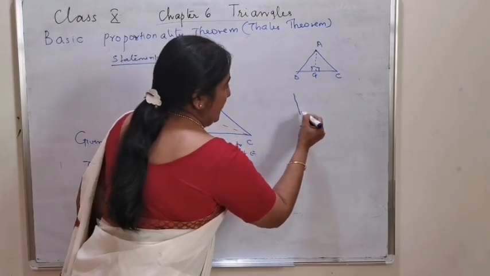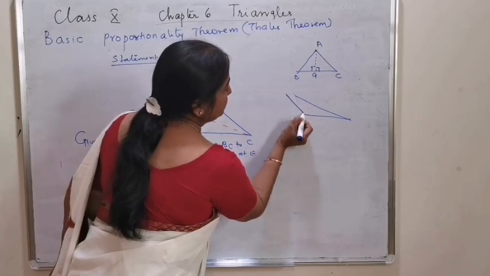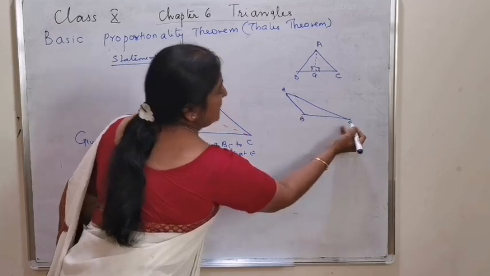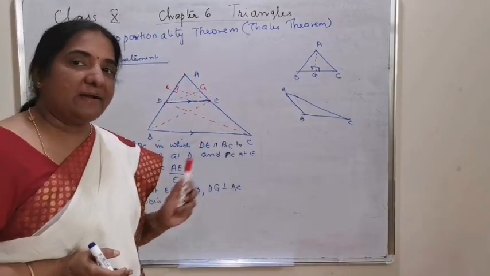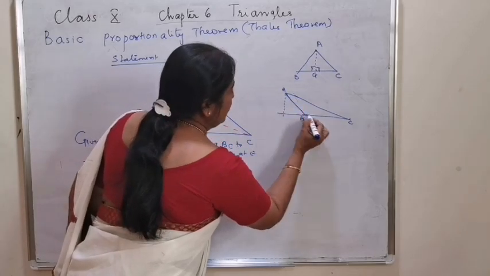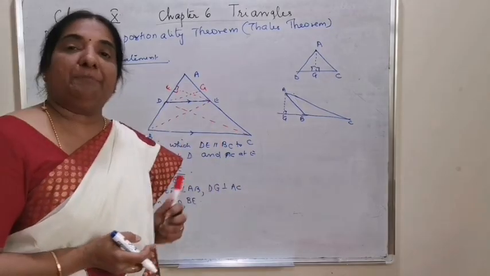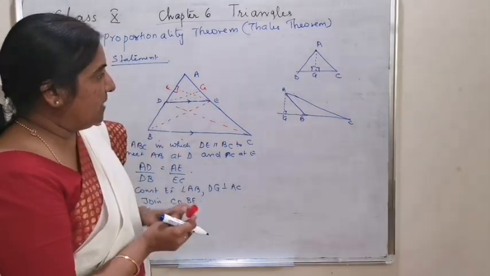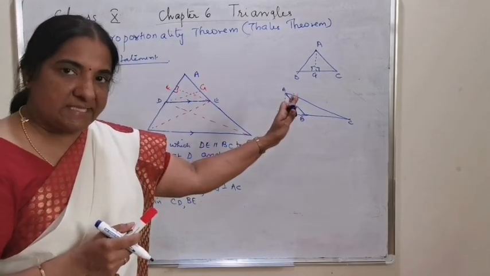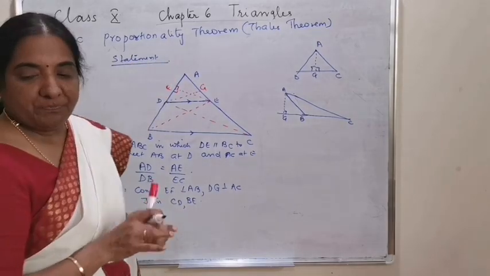Whereas if triangle ABC is an obtuse triangle, where only one angle is obtuse, the perpendicular will be to the line projected. AG will be the same perpendicular AG, but it will be to the line BC extended. This concept will be applied while doing this proof.